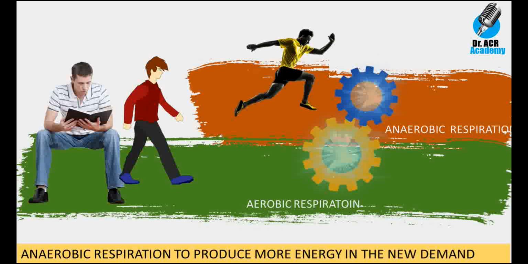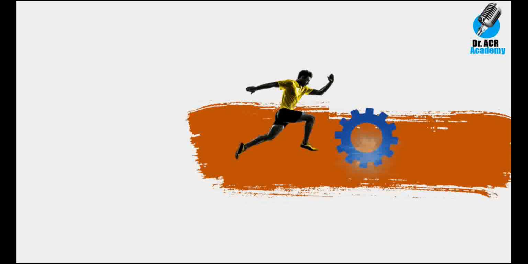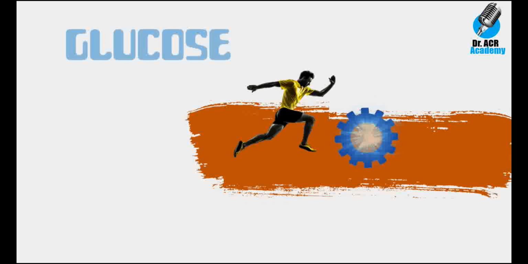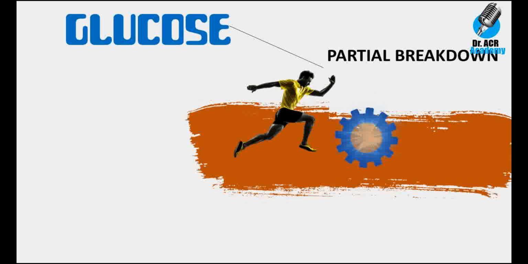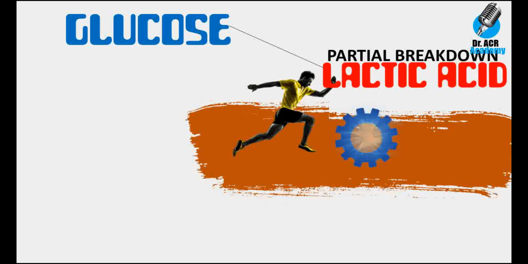In fact, during this anaerobic respiration, the glucose is partially broken down into lactic acid, and the accumulation of lactic acid in the muscle cells leads to muscle cramps.